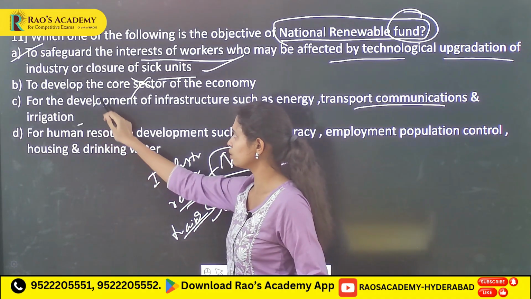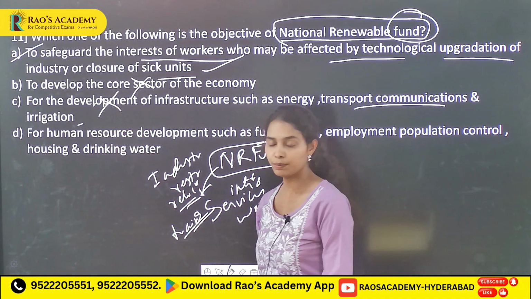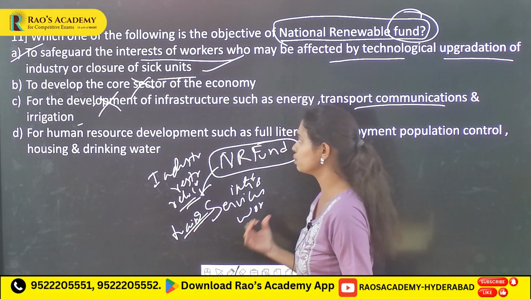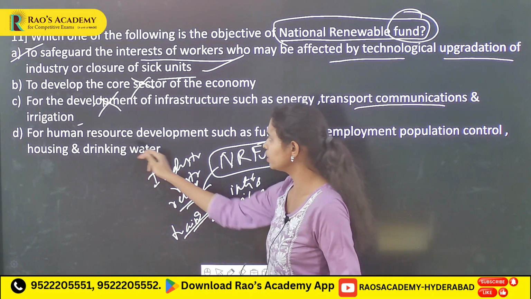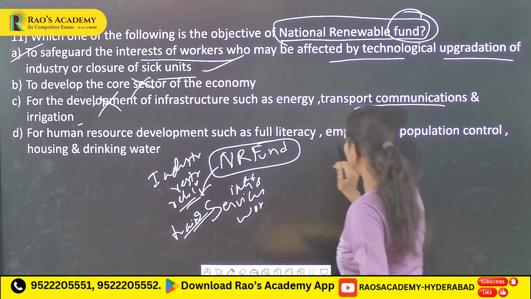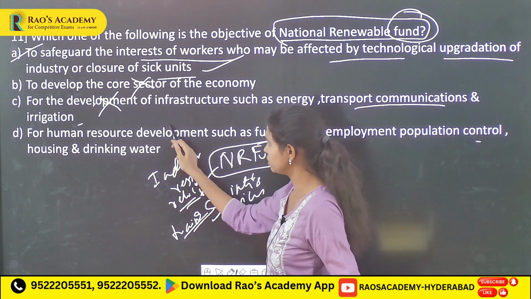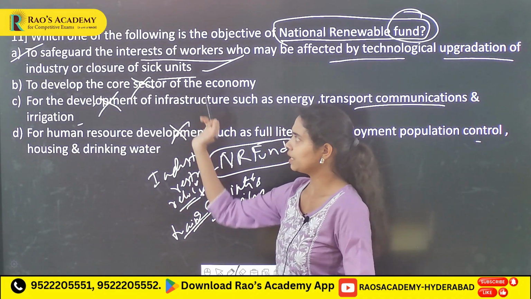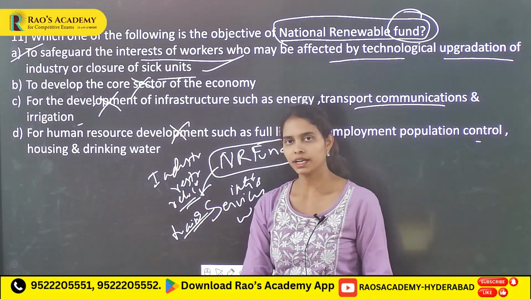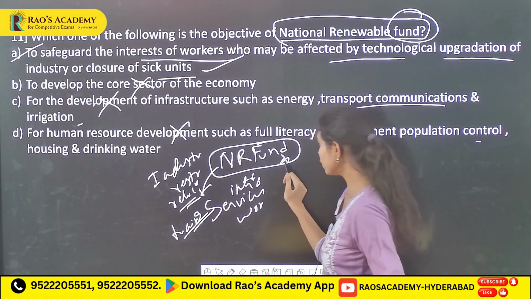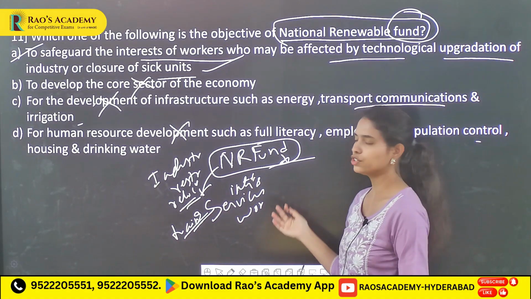It is not talking about the improvement of infrastructure, but about promoting welfare services. For human resource development such as full literacy, employment, population control, housing, and drinking water, which is also an incorrect one. So option A is the correct one, which directly talks about this particular fund called the National Renewable Fund.